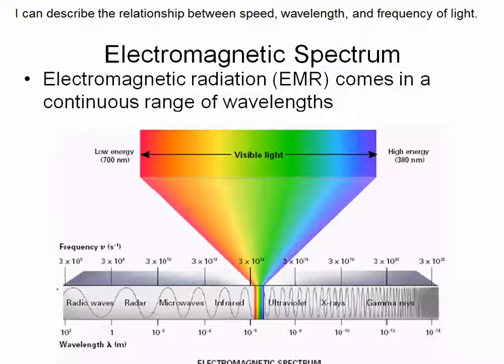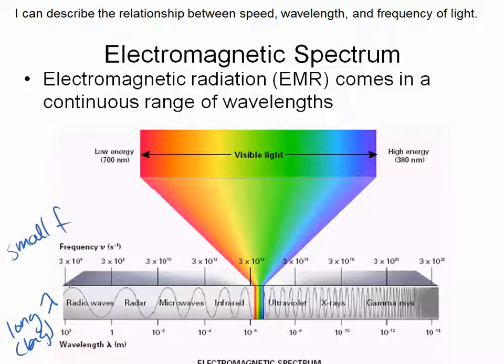Over here we have radio waves and radar, and you can see based upon the picture that these have very long wavelengths. In other words, this number is very big. And we know that wavelength and frequency are inversely related. So if we have long or big wavelengths, that means we're going to have very small frequencies.